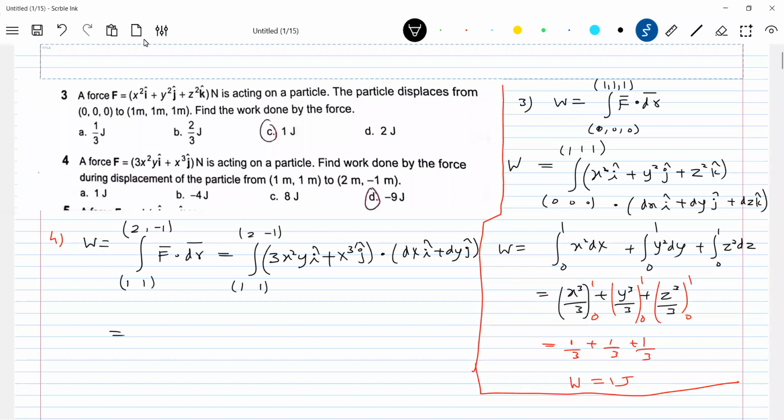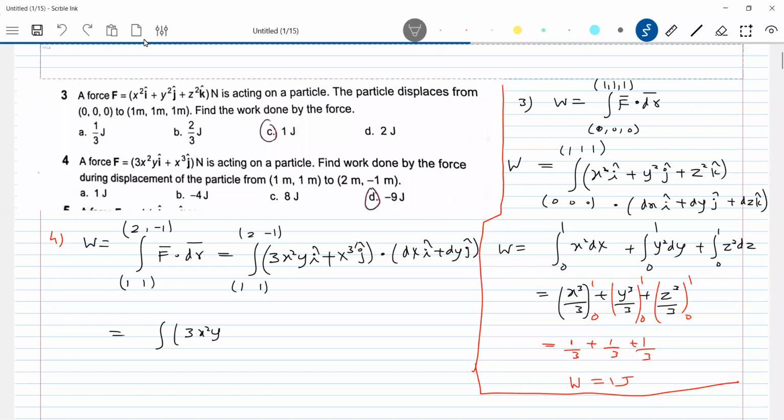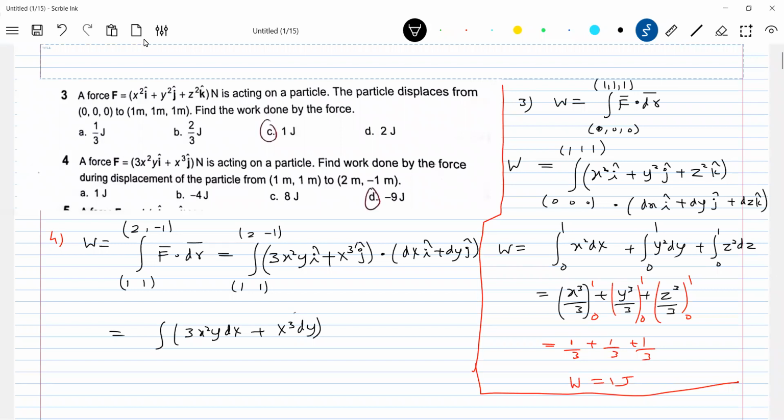So let's multiply this one. i dot i. So 3x square y dx plus x cube dy. And the limit is further (1, 1) to (2, minus 1).